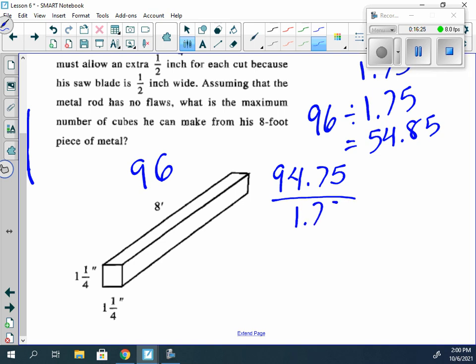Divide it by the 1.75, which would give us 54 point, I think like 4.3, something like that. But remember, we took one off to begin with, so we would add it back and get 55.14. But again, the extra that we added in with the 0.75 was an extra half. But we got close enough for our own sake.